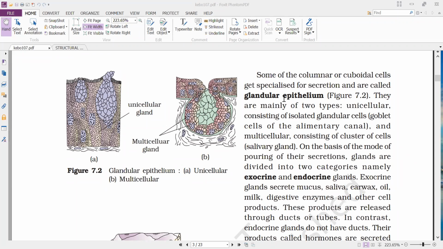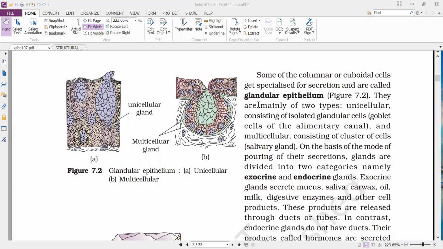Some of the epithelial cells possess cilia on their free surface. Such an epithelium we call ciliated epithelium. And some epithelium consists of microvilli to increase the area of absorption and secretion.